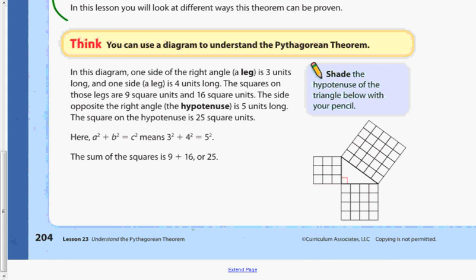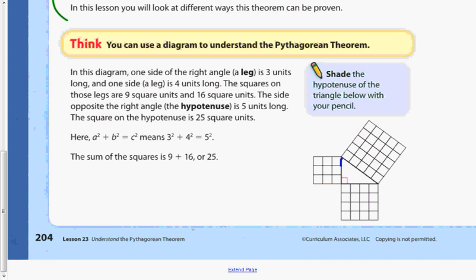I really like this picture at the bottom of 204. I think this is the best way to use a diagram to show it. It says in this diagram, one side length of the right angle. So our right angle is the little 90-degree angle, the box there. So one side length, which is called a leg, is 3 units.